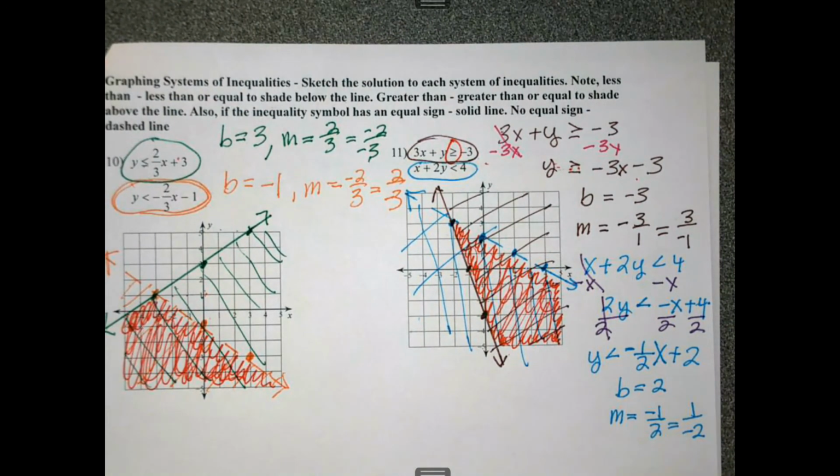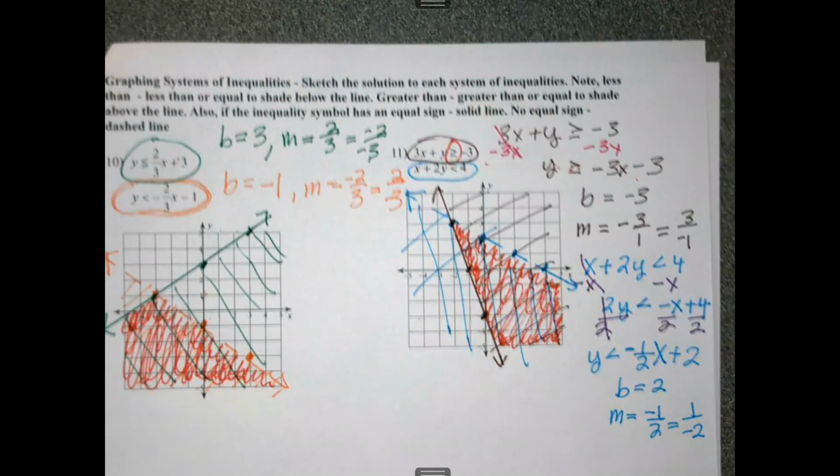That's the way my brain works, but a lot of students say, hey, above and below just works for us. I have to actually think of what that y value is, and then I shade the solution in my brain. So it all depends on how it works.